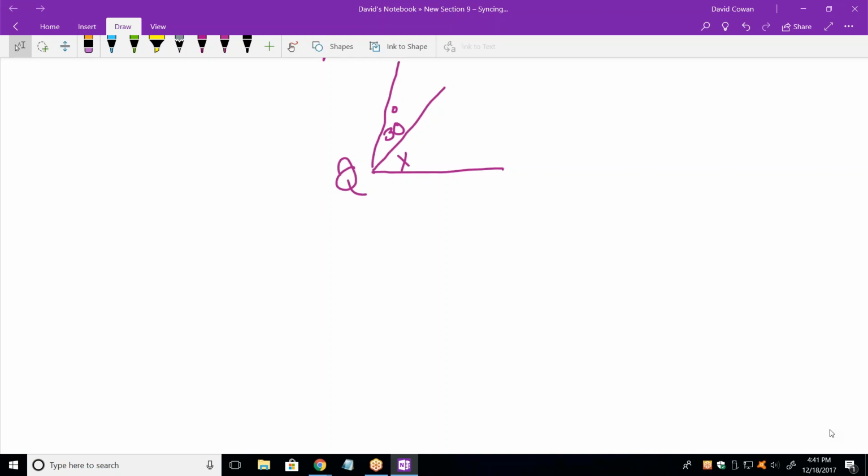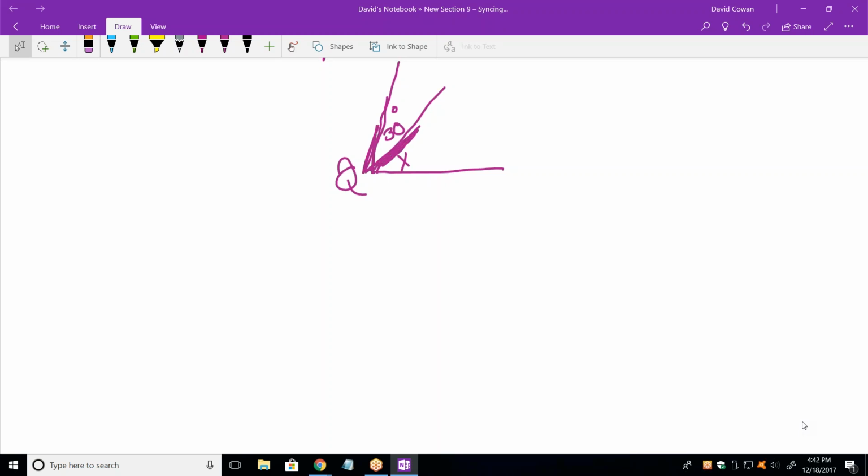But we don't know how to copy a 30-degree angle. We don't know how to make exactly a 30-degree angle, and that's what we need to do here. In other words, this problem is really independent of angle X. The only way to do it is to copy a 30-degree angle.